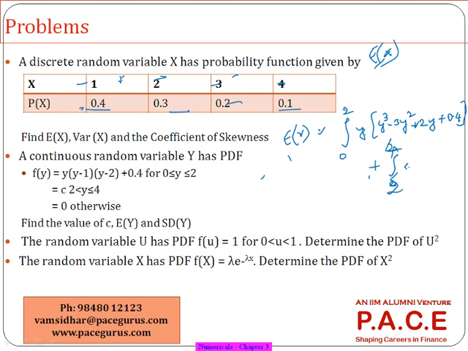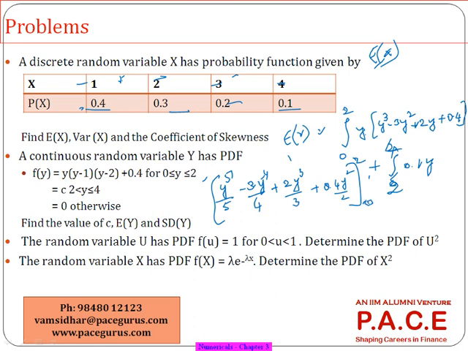Now you know the function is 0.1. This also you have to multiply with y, 0.1y. So after integration, the first one is y power 4 times y, so the integration is y power 5 by 5, then minus 3 into y power 4 by 4, plus 2y cube by 3, plus 0.4 y squared by 2, and this entire thing you will integrate between 2 and 0.